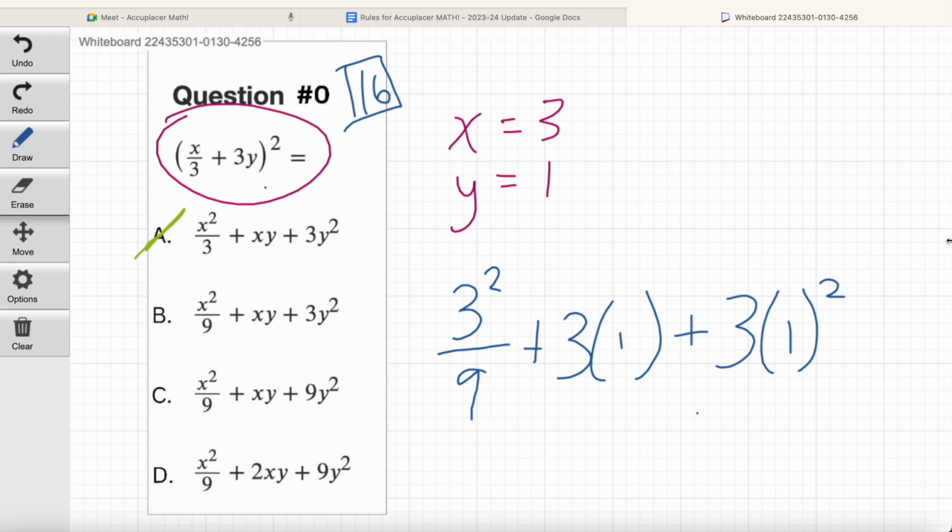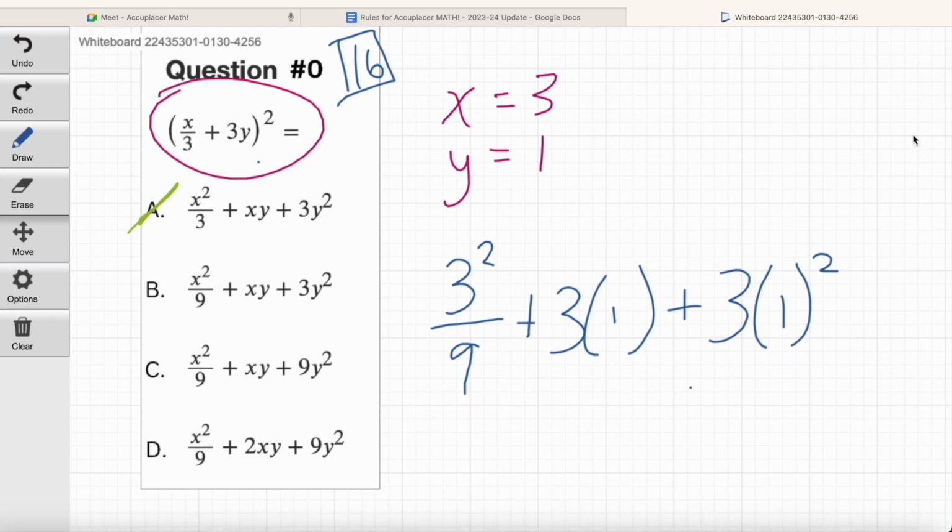All right, looks great. Let's go through that PEMDAS process again. There's nothing to calculate in the parentheses, so let's go to the exponents. The 3 to the power of 2 just becomes 9. And then that 1 squared, of course, is just 1. So what is that going to equal?